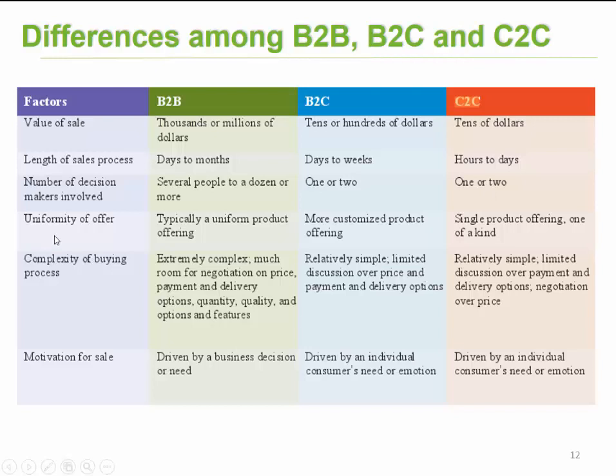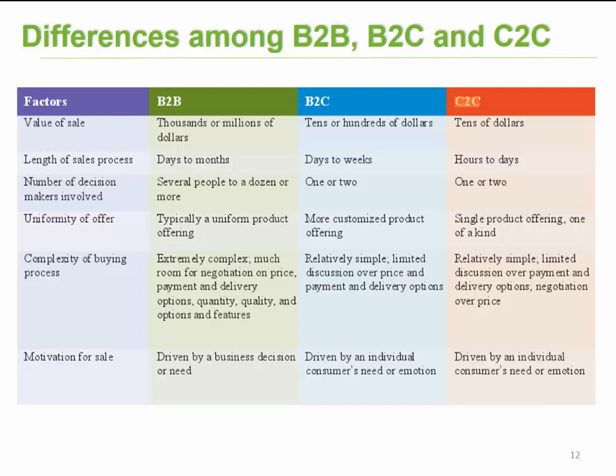The uniformity of what is on offer. With business to business, we would find that there are uniform products, so you've got certain services and products that you want to sell, and those will probably remain fixed. If we go to business to consumer and consumer to consumer, we now get the ability to customize products, especially business to consumer.